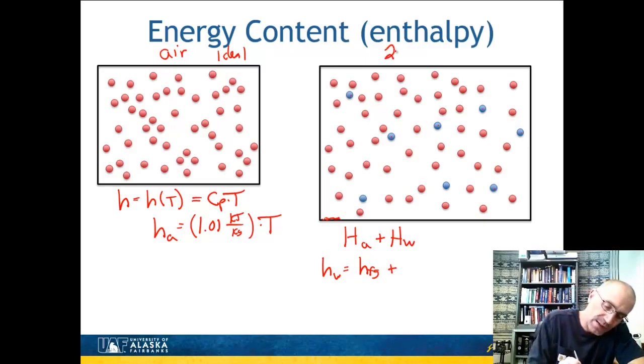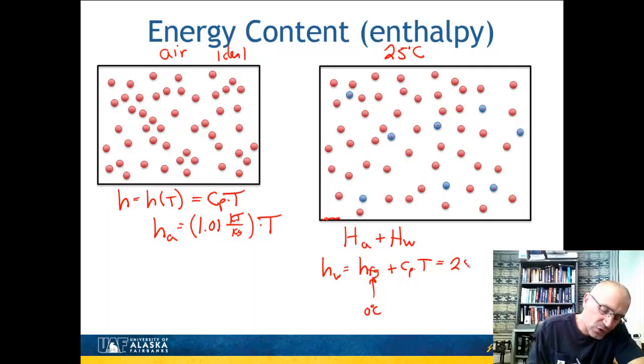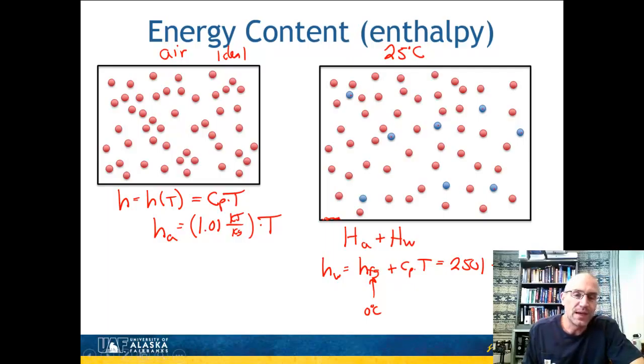So maybe we'll say this is at 25 degrees Celsius. I'll take the hfg value at 0 degrees Celsius, and then I'll add a cpT term to it. Now this is the cp of water vapor, and the values here are about 2501, in SI units, plus 1.82 times the temperature. This is the cp of the water vapor.